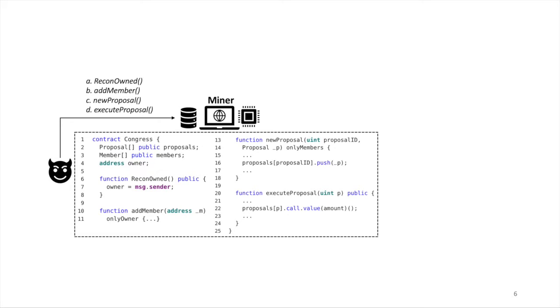The figure shows an illustrative example. In a transaction scenario with 4 transactions to a smart contract Congress, the attacker enforced a specific order of transactions. The first transaction listed himself as an owner, the second added himself as a member, the third inserted a new proposal, and the last transaction made a payment from the contract to himself.